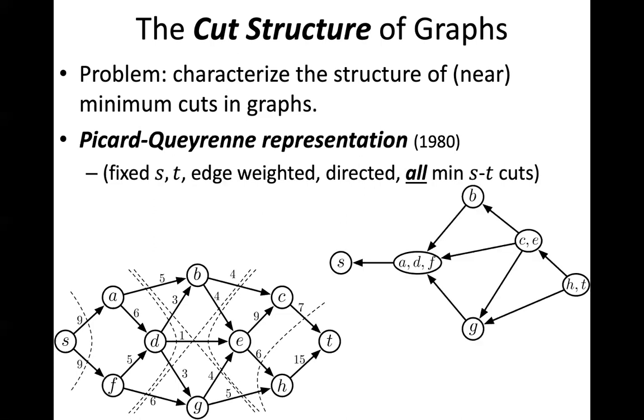And the Picard-Queyranne representation says that each of them corresponds to a downward closed set in a certain graph. So for example, this is a downward closed set. It's derived from everything reachable from the vertex marked B, and that corresponds to this cut in the original graph. Any downward closed set that separates s and t corresponds to a minimum s-t cut.